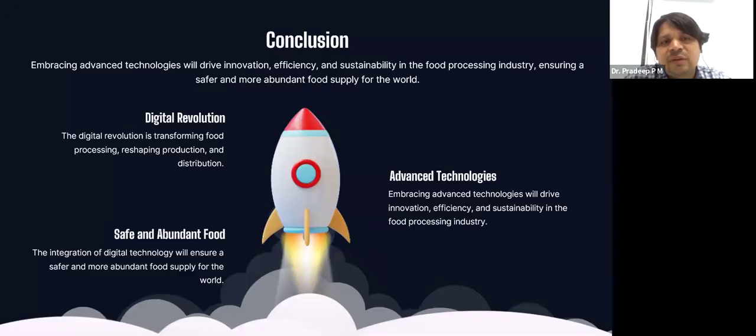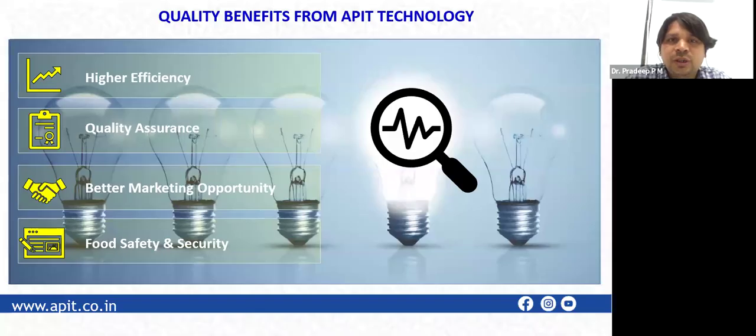So this digital revolution is very essential for the upcoming production of any grain for that matter, but particularly paddy in our case. By using these advanced automation systems, AI and ML technologies, and systems which can go with the continuous or batch-wise process, we can have higher efficiency in the industry, and we can have better quality assurance because there is very little manual interference. So this provides better quality assurance.